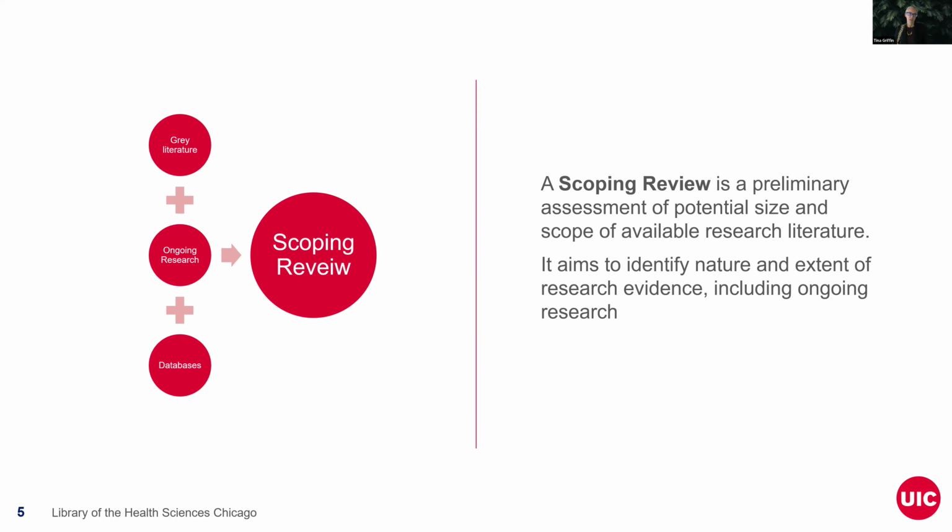So let's talk about a definition. A scoping review, in very simple terms, is typically a preliminary assessment of the potential size and scope of available research literature. It looks to identify the nature and extent of evidence that would be out there, and it includes ongoing research as well.